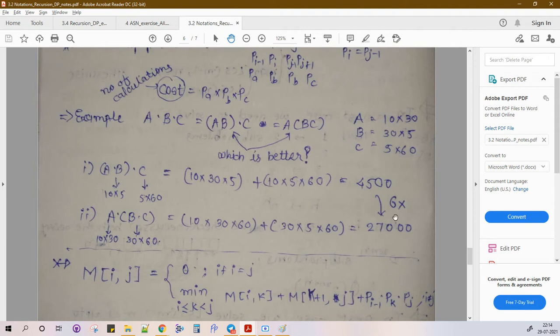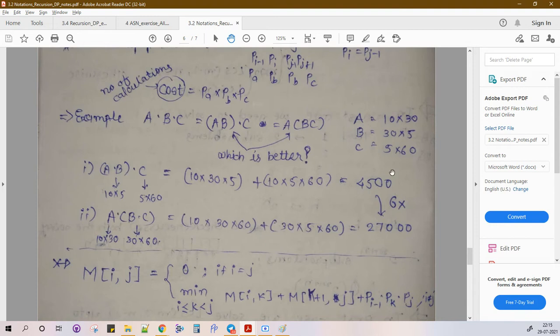There should be some way, because it is not possible otherwise, right? Before multiplying, we know the size, the shape of the matrix. So from the shape of the matrix, there should be some way that in advance I know this is the good way: A multiplied by B, then multiplied by C, it is a good way.